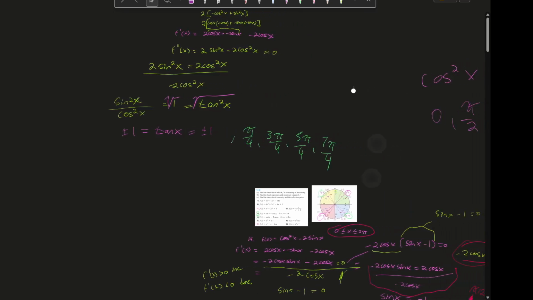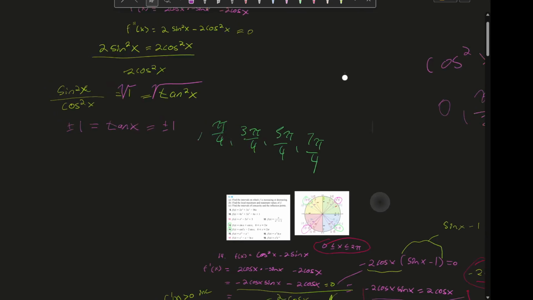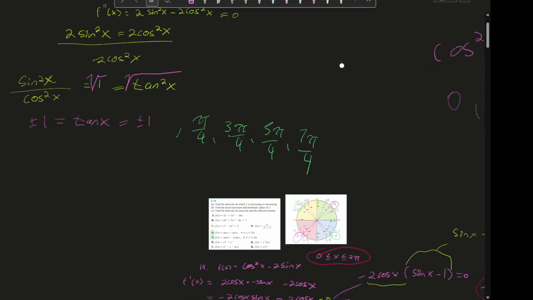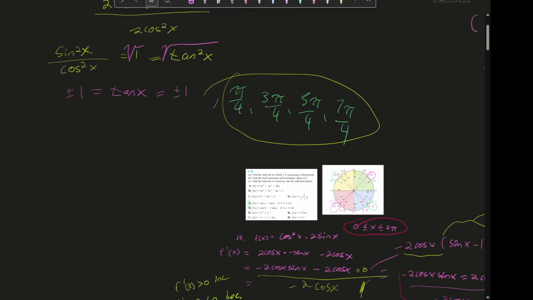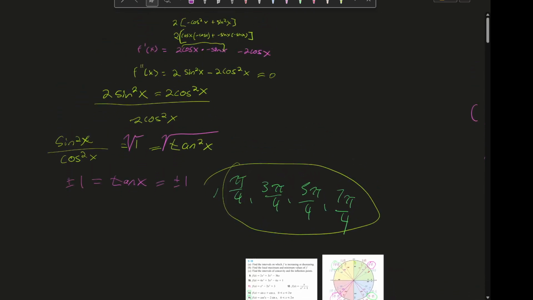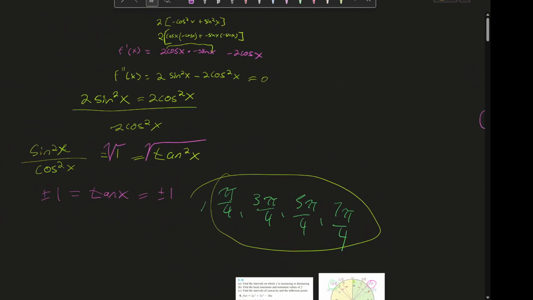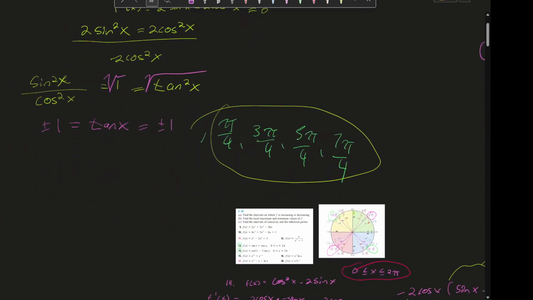So what does it want? Intervals of concavity and the inflection points. Alright, so to verify if these are inflection points, we're gonna have to find the intervals of concavity first. And that's gonna be plugging these into the second derivative, but we're not exactly plugging them in.